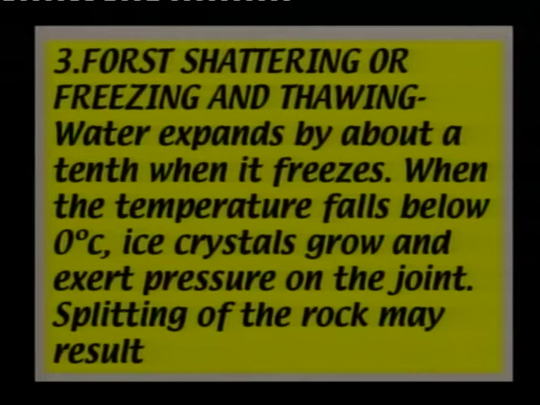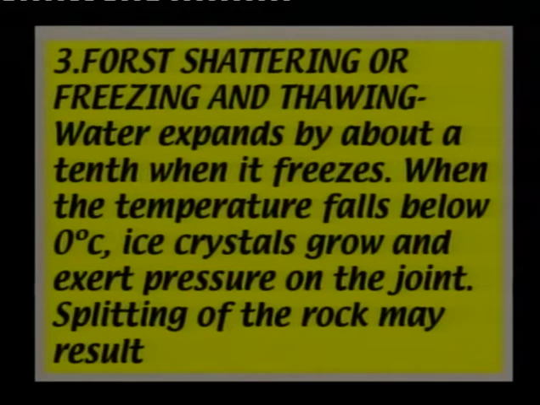When the temperature falls below 0 degrees Celsius, ice crystals grow, and when they grow, they exert pressure, especially on the joints or the cracks or crevices. When they exert the pressure, that's when splitting of the rocks may take place.